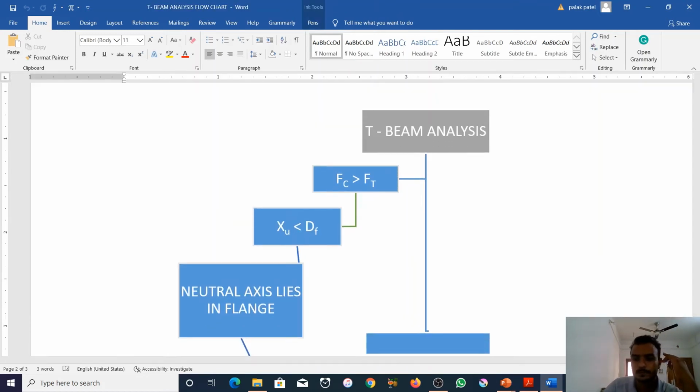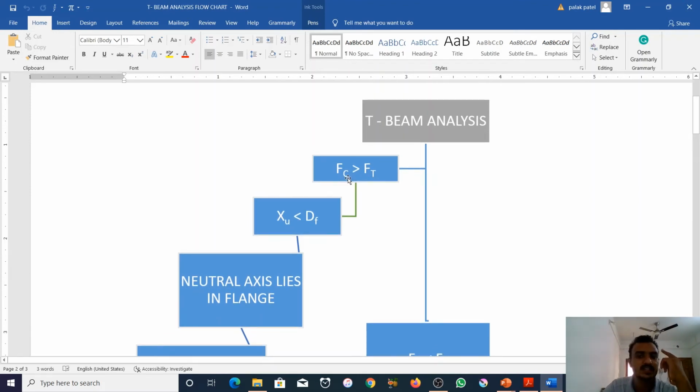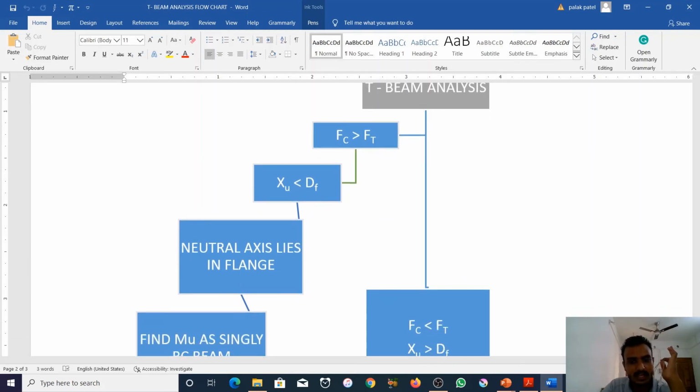Okay, dear students, here is the T-beam analysis. One case is compression force is more than tension force. At that condition, the neutral axis lies in the flange. Look here. If the neutral axis lies in the flange, the neutral axis depth is lesser than the depth of flange.